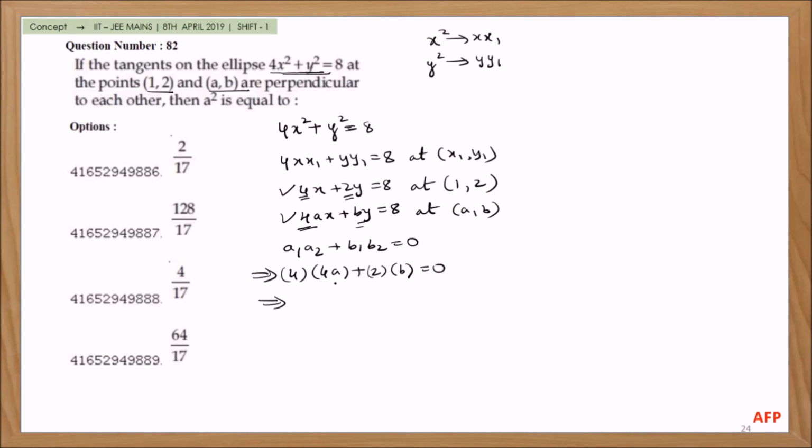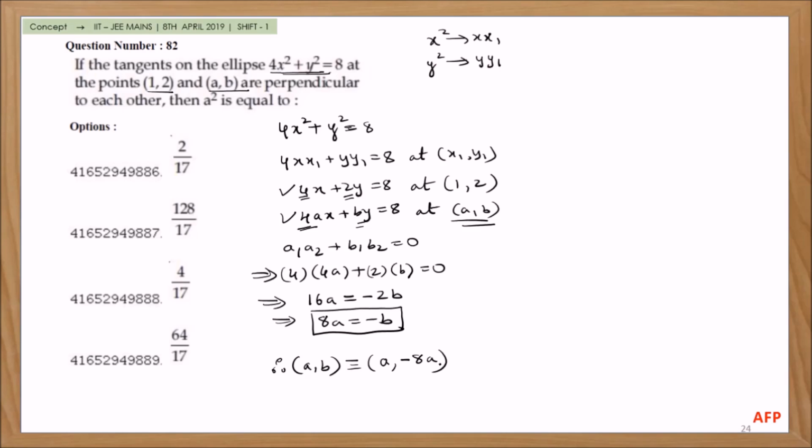So you will get 16a is equal to minus 2b, which is nothing but 8a is equal to minus b. So this condition we got. Therefore (a, b) can be written as (a, minus 8a).